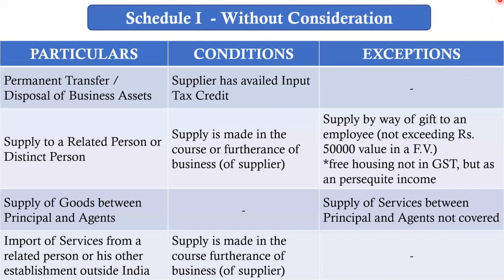So in this particular schedule, it says that the first part is basically if someone is permanently transferring or disposing of your business assets, then in this condition the supplier has to avail your input tax credit.